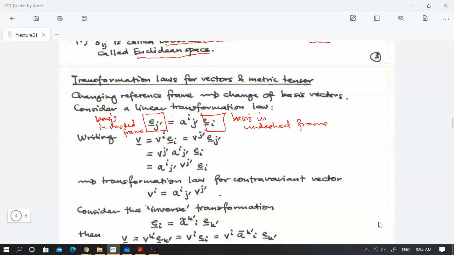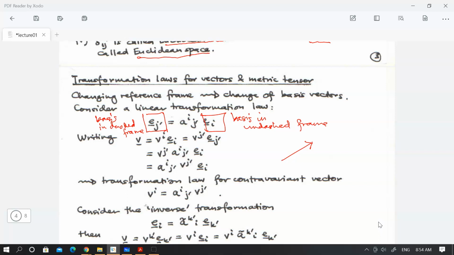vectors in general. So how does a vector V in one reference frame connect with V in the other reference frame? But you have to remember, your V is pointing in one particular direction in space. As a geometric object, that direction doesn't change.